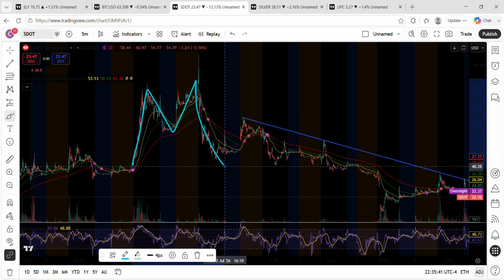And with these M-tops, not all the time will the top of the M be completely parallel. Sometimes it may go up a little more. Sometimes it may be just a little lower. But the key is, if you see that formation, that is typically a very bearish formation.